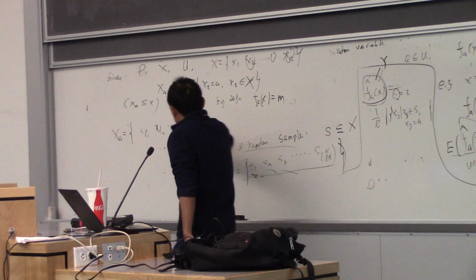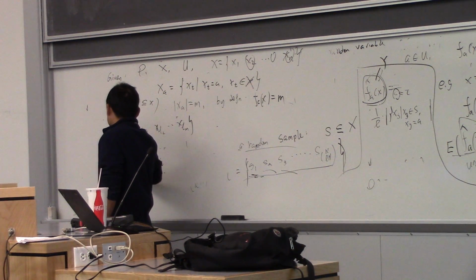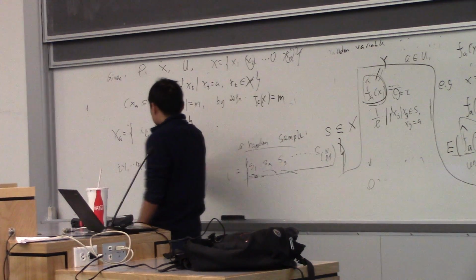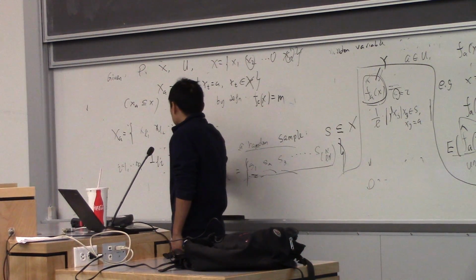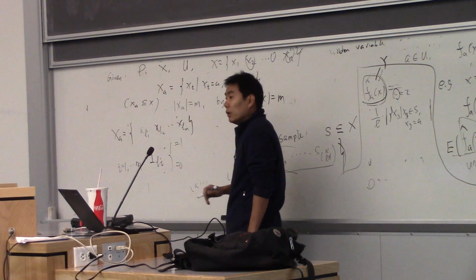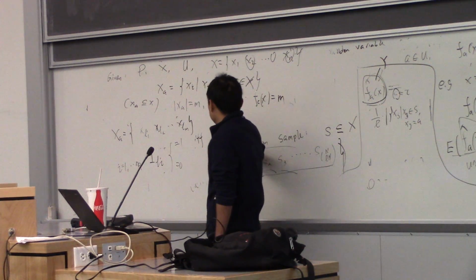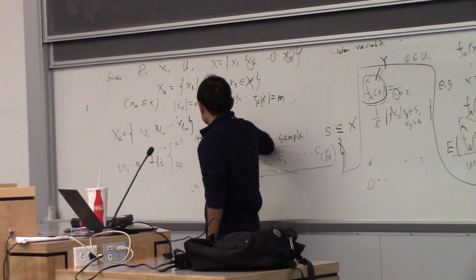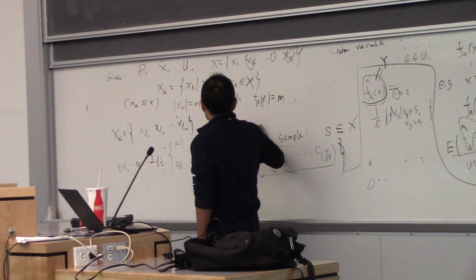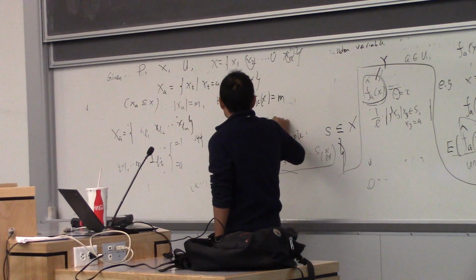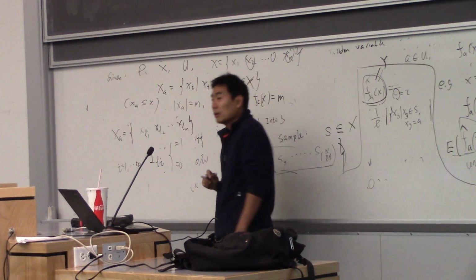I define my indicator variable as I_Li for i from 1 to M. Basically, for each of these, I define an indicator variable that equals 1 if and only if x_li is sampled into a random sample S, and equals 0 otherwise.